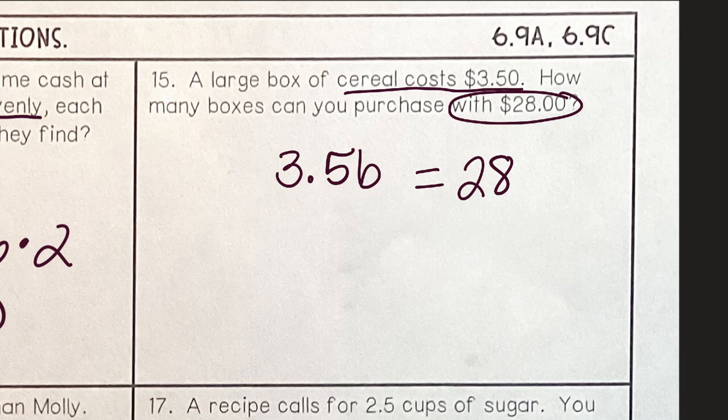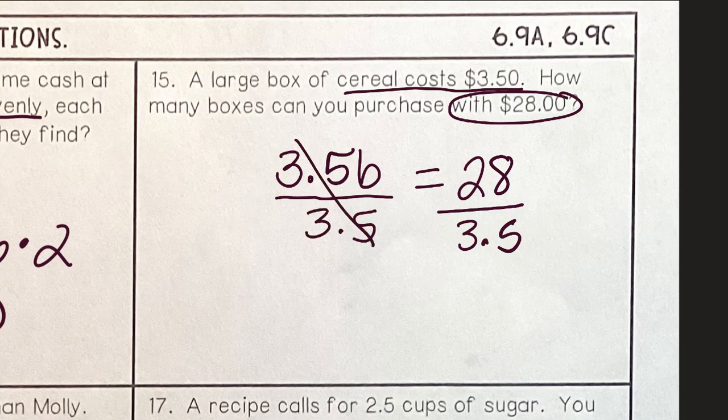Now, in order to solve this, right now, 3.5 is being multiplied with B, and I want to take my total amount of money and divide it by my cost per box. So that means I'm going to divide both sides by 3.5, leaving my number of boxes by itself.